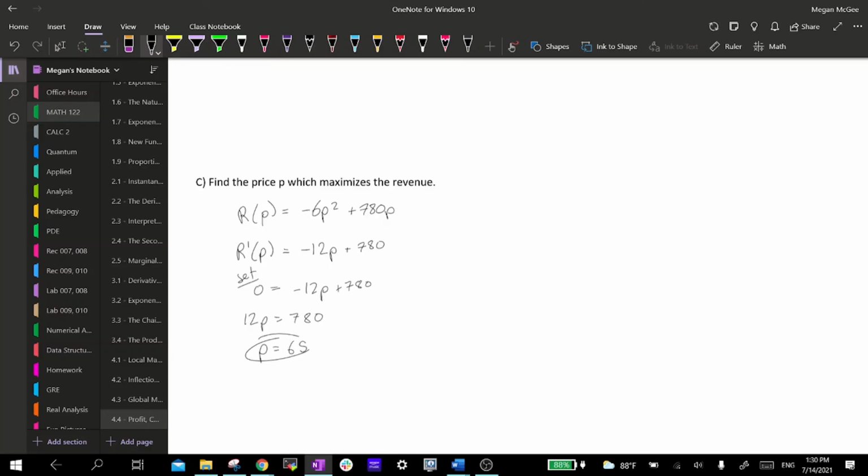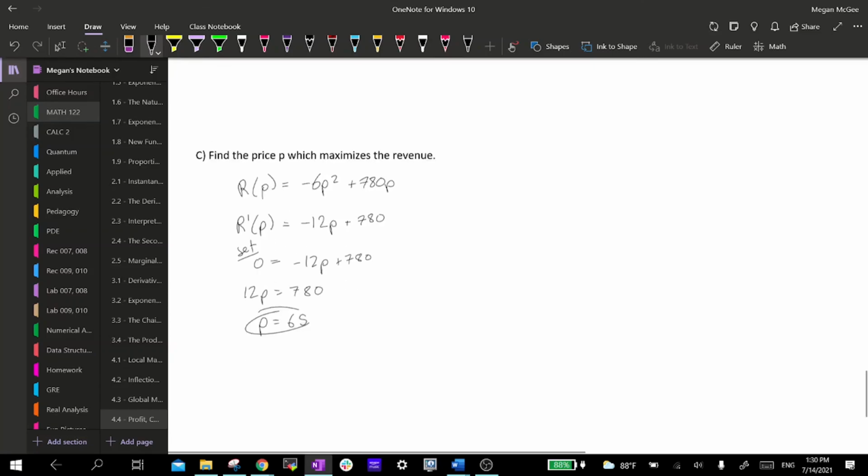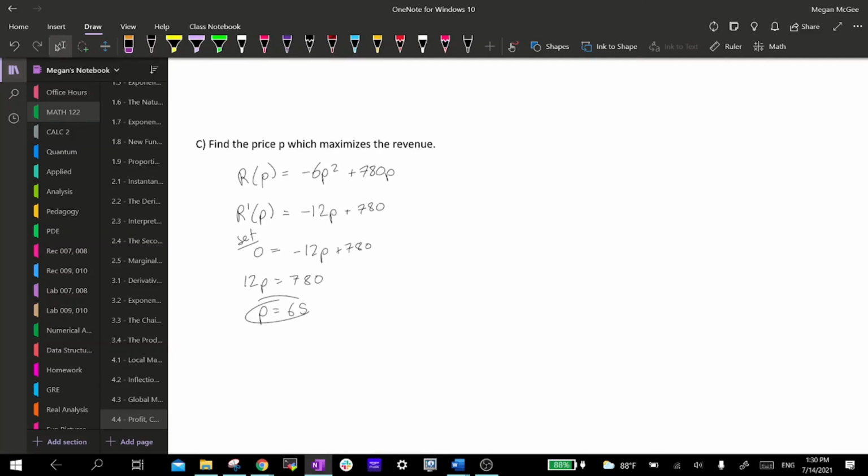This is a critical point, so we need to double check if this is a maximum. We take the second derivative, which is just -12. So the second derivative at 65 is also -12, which is negative.